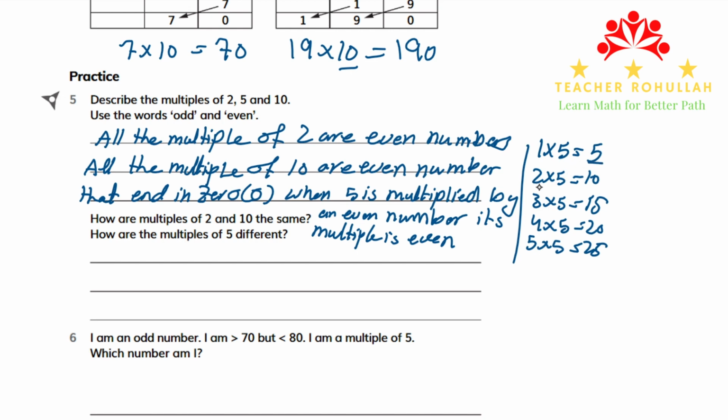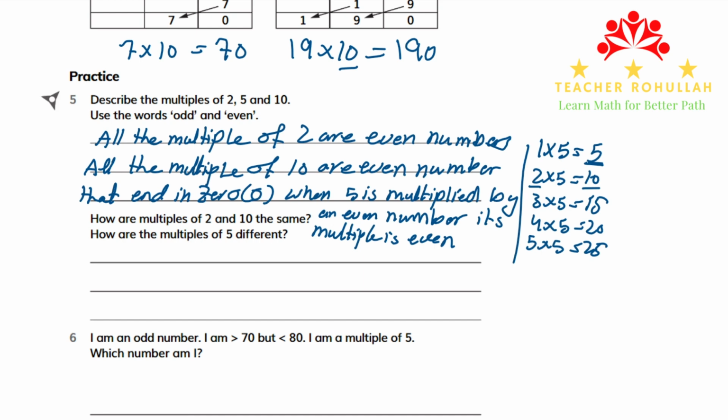When 5 is multiplied by an even number, its multiple is also even and it ends in 0. So the multiples of 5 which are multiplied by an odd number end in 5, which is an odd number. When multiples of 5 are multiplied by an even number, its multiple is even and is ending in 0, or having 0 in its ones place.